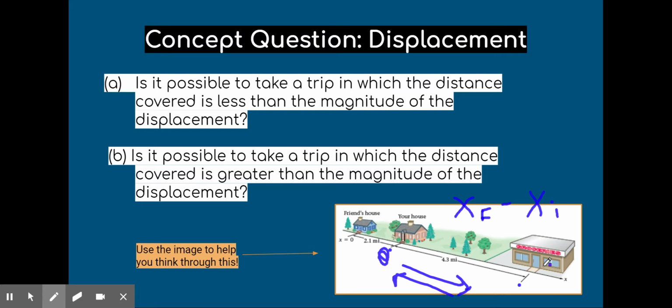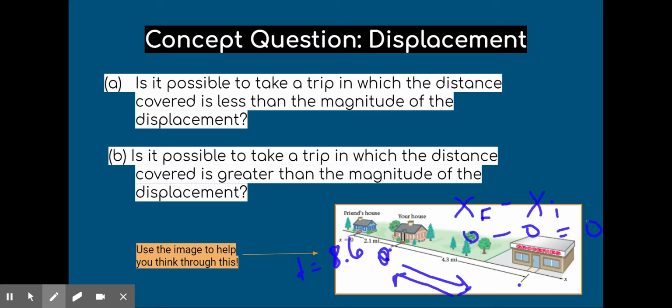So your total distance traveled is 8.6 miles. Okay, well, what is your total displacement? Well, we started here at 0 and we ended back at 0, which means our total displacement is 0. So in this case, distance is 8.6 and displacement is 0.